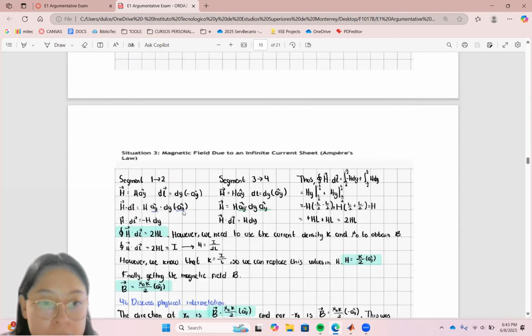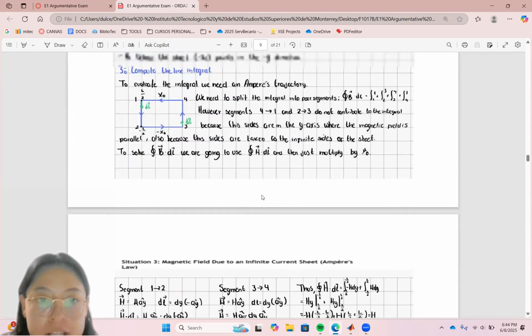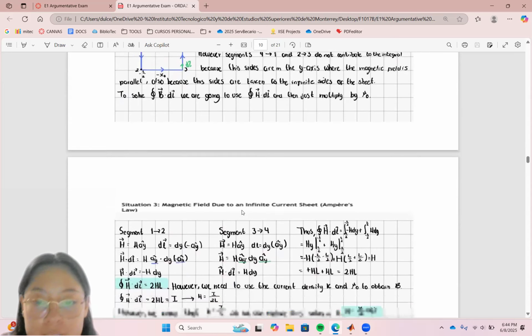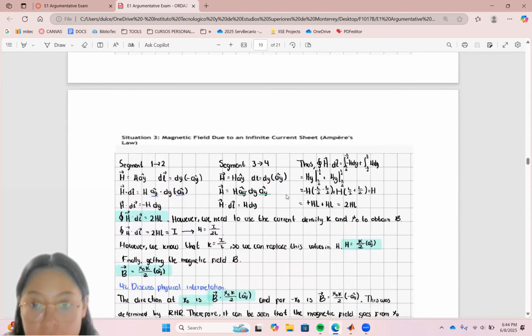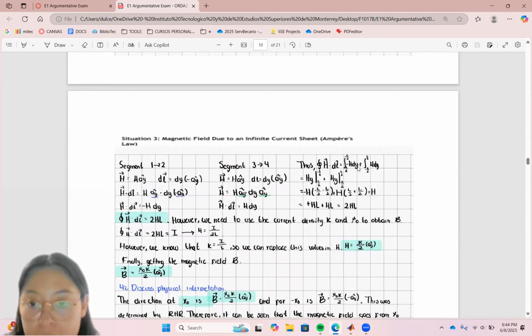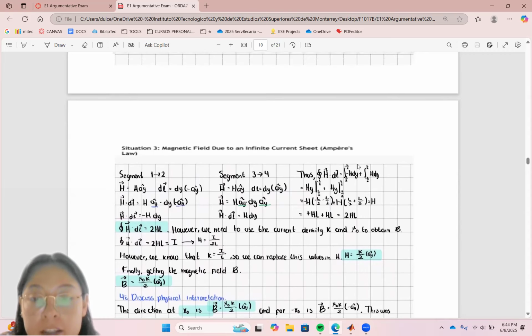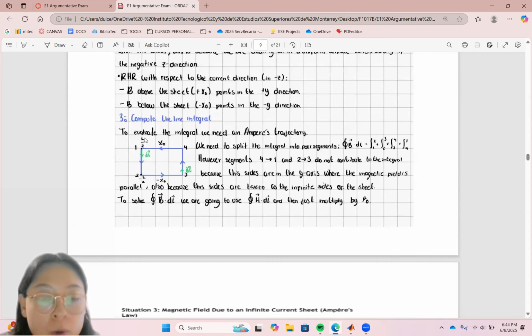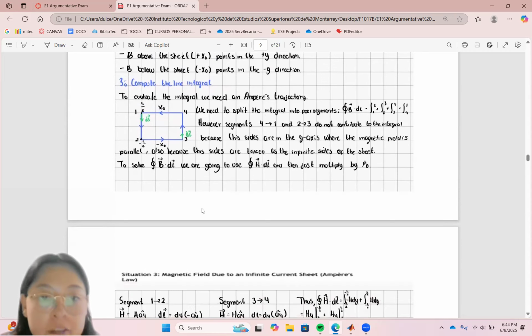And I just multiply and it turns negative. And for segment 3, 4, I did the same, but in this case, they go in the positive y direction. And I make my integrals. Well, y is my variable, dy, and I integrate from L halves, where L is the length, to minus L halves.